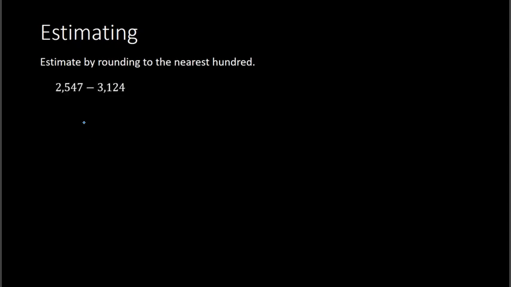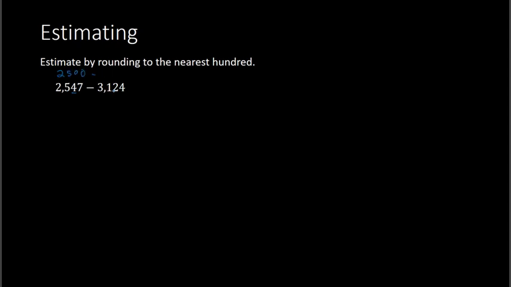Next we have a subtraction problem. And this one you are to round to the nearest 100. So to round 2,547, I look at the tens place to round to the hundreds. So the 4 is smaller, it's closer to 0. So I'm going to round down, which means the 5 would stay the same. So this would round to 2,500.